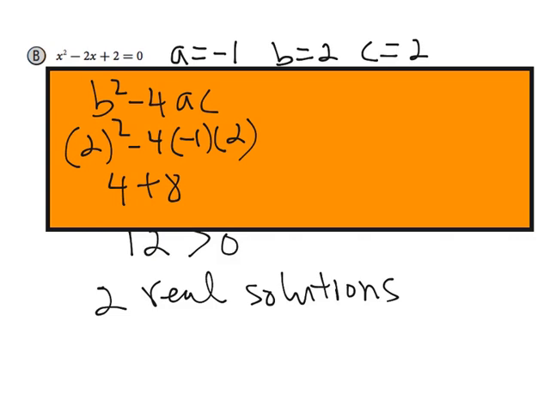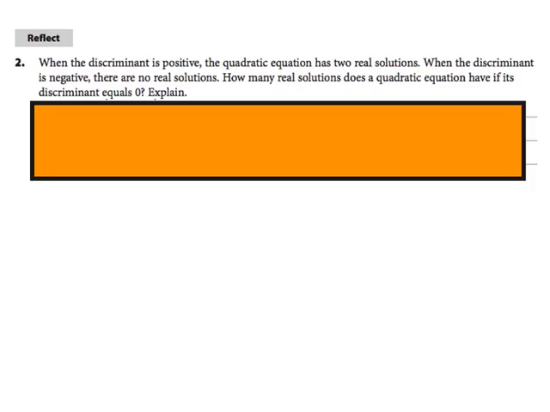Okay, go on to our discussion. When the discriminant is positive, the quadratic equation has two real solutions. When the discriminant is negative, there are no real solutions. How many real solutions does the quadratic equation have if its discriminant equals 0?